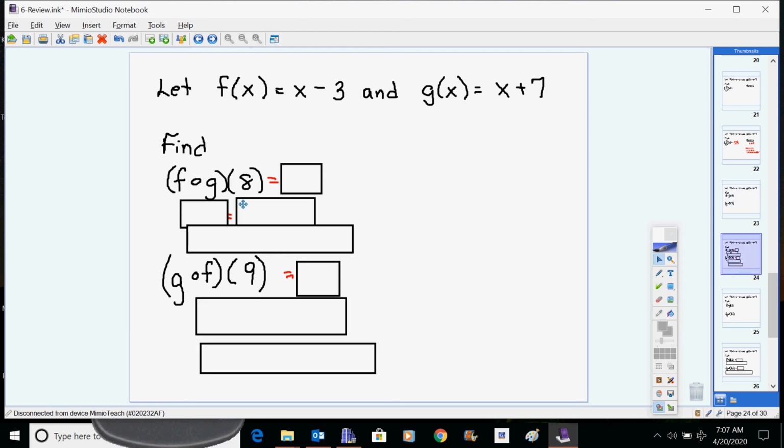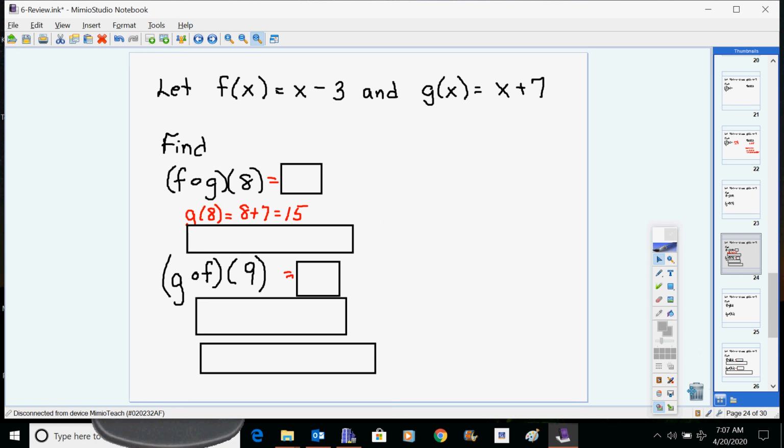That means, once again, you do the function that's closest to the number first, g of 8. So we're going to take g of 8, which means you plug the 8 into the g function. 8 plus 7, 15.